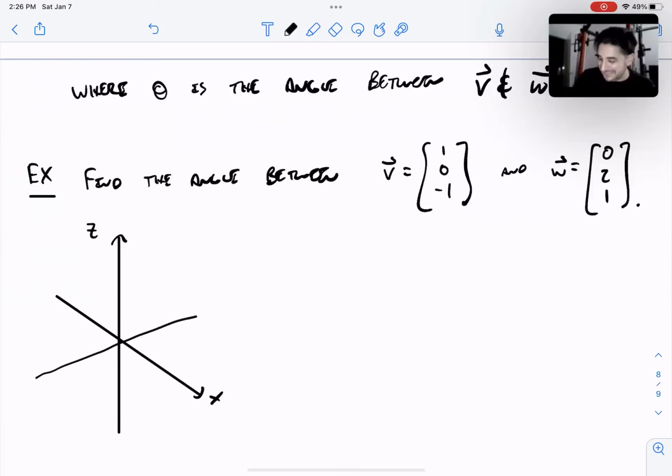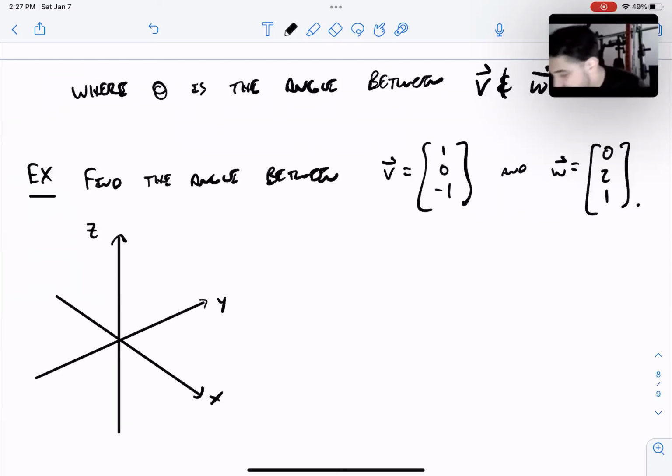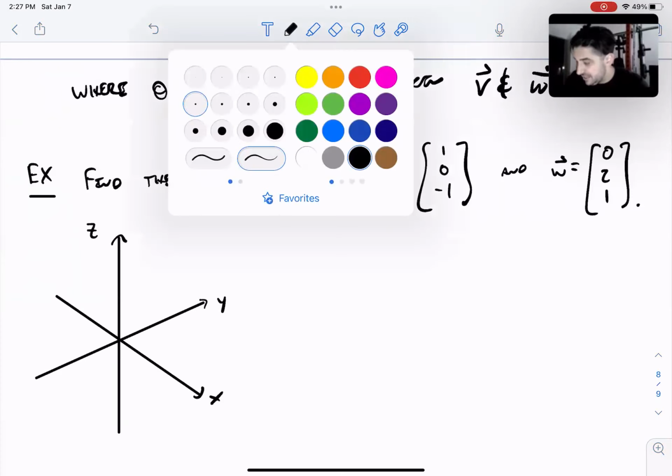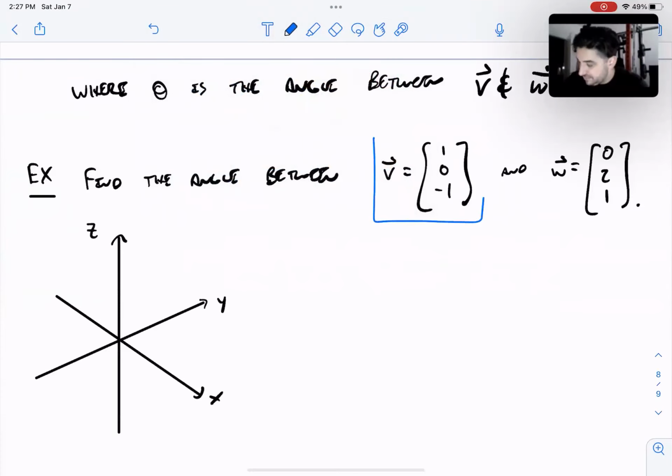Surprisingly horrible. So right here's our three-dimensional coordinate space x, y, z. Now imagine you have these two vectors. Let's give some color here just to say what we have. Let's say V is blue, right? So here's vector V: 1 along the x, none along the y, and minus 1 along the z.